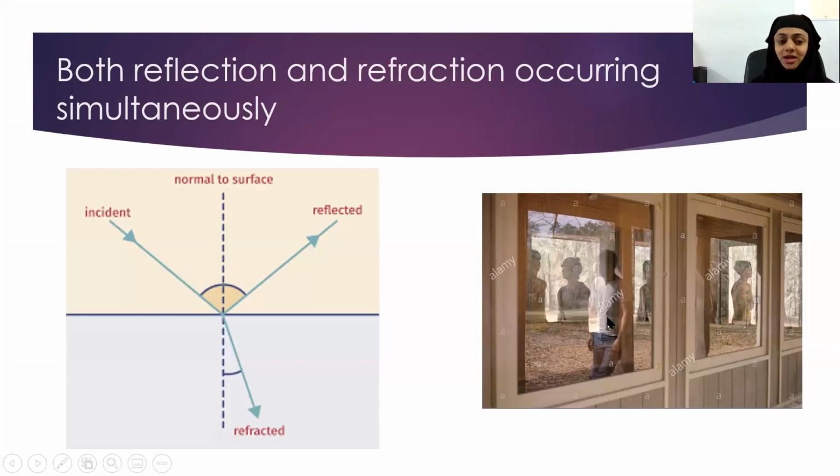So if you are looking at an angle, that is, if the light is incident obliquely on the transparent surface, a part of it gets reflected. That is why this person can see other people walking through the corridor. Also, a part of light is refracted or transmitted. That is why he can see what is outside.